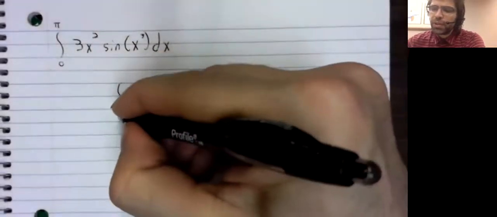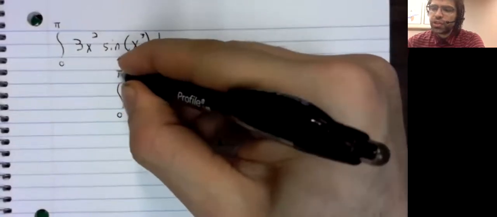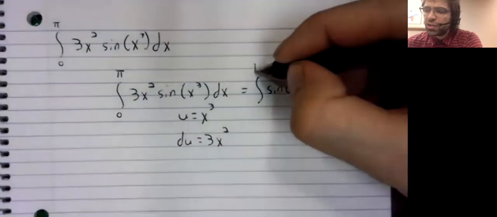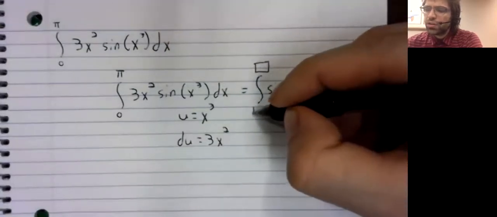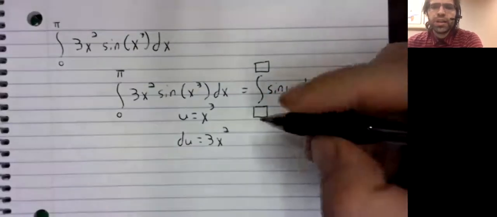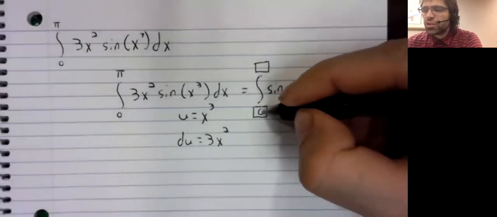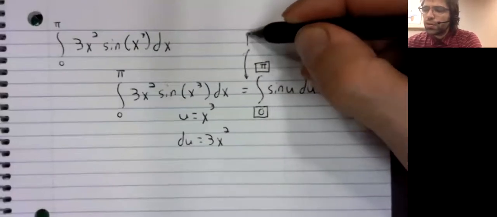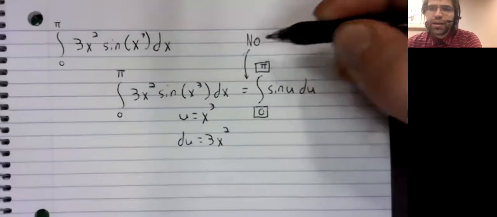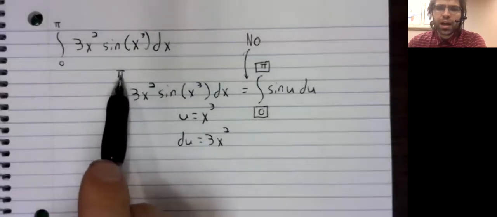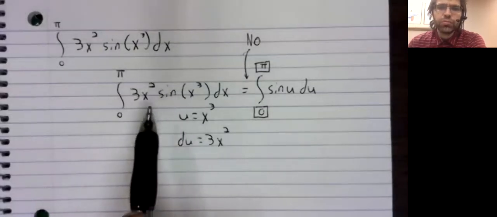Suppose we have limits of integration here. The question we're trying to resolve is, what goes here? It would be incorrect to write 0 and pi there, because 0 and pi are x values.